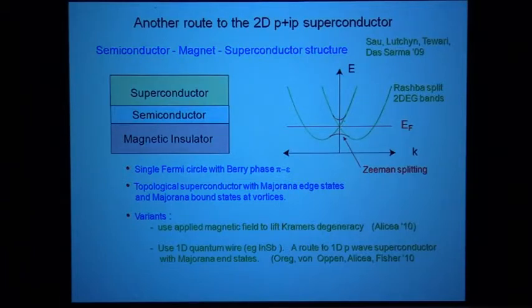And so the idea then is that if you break time reversal by either applying a magnetic field or by having some magnetic interaction, then you can open a gap at this Kramers degeneracy point, and then if you can put your Fermi energy inside that gap, you just have a single Fermi surface, which looks like the helical Fermi surface.